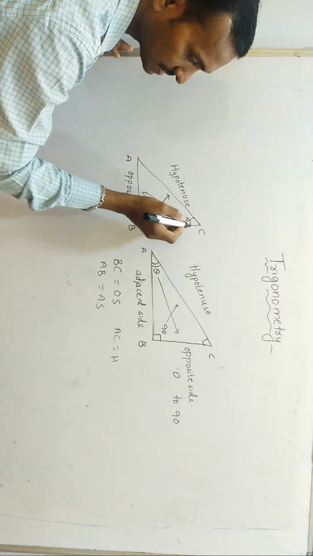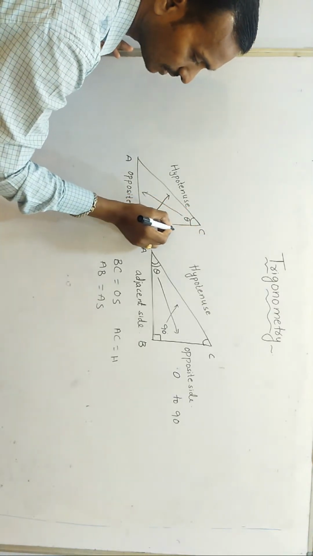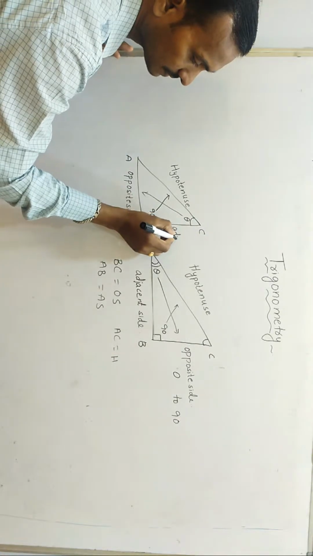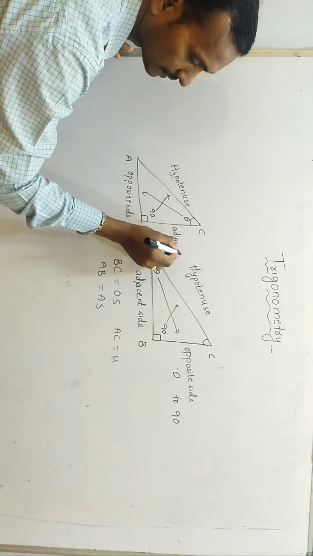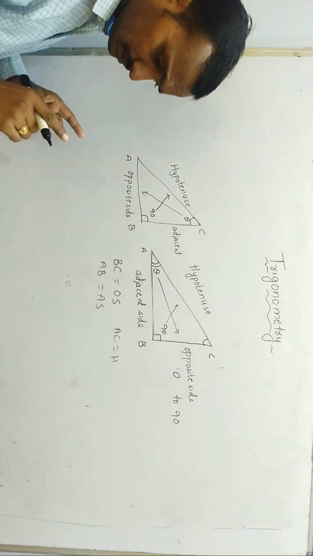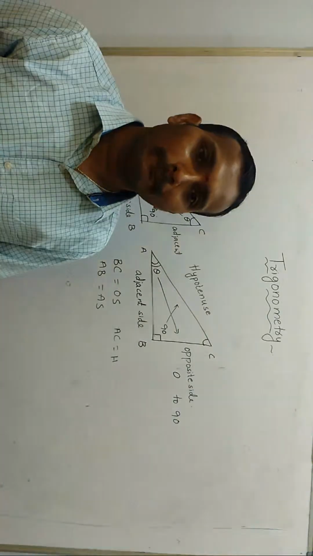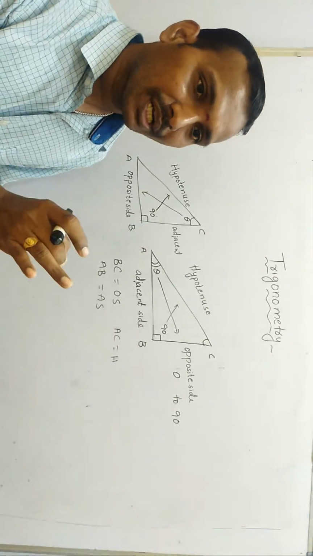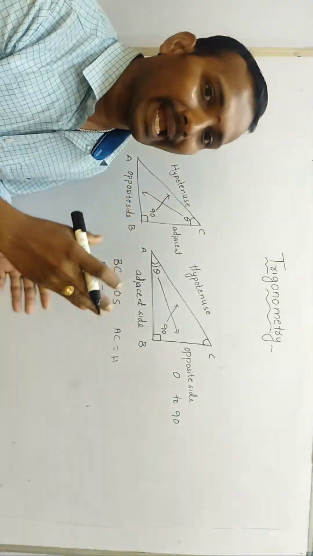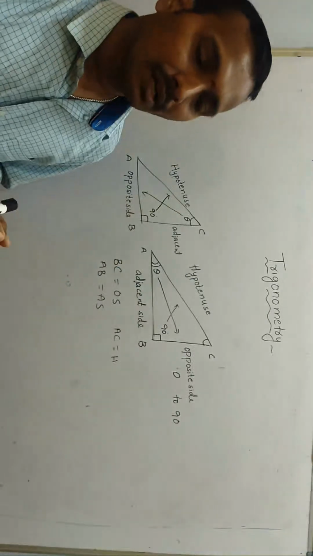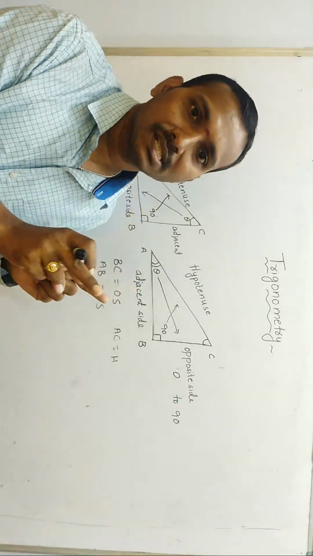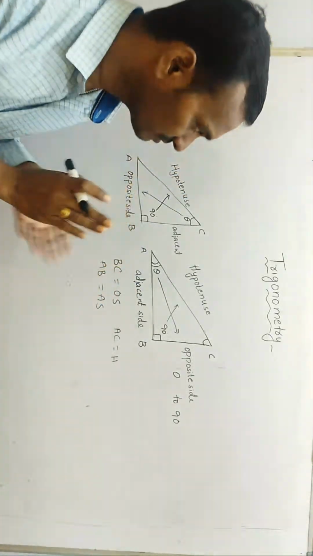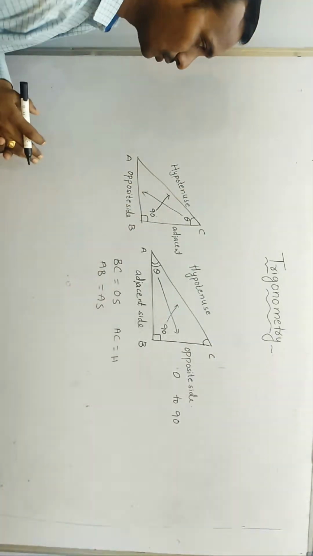The side which is adjacent to angle theta is called the adjacent side. So the adjacent side and opposite side are completely based on the observation point, from which point we are observing. Based on where the angle theta is, the opposite side and adjacent side will change. The hypotenuse will be fixed.